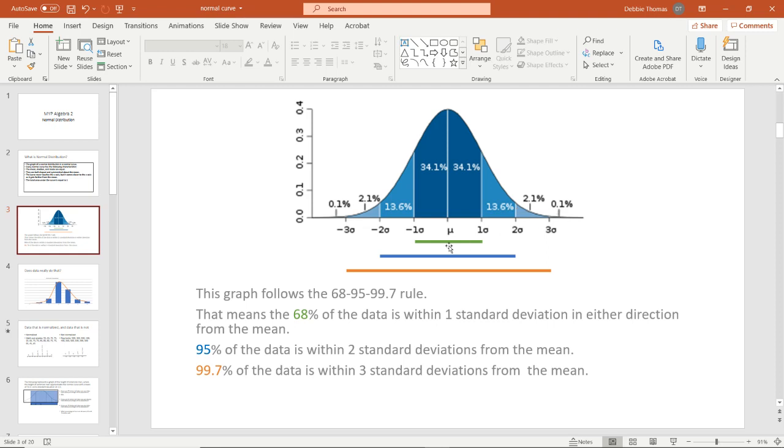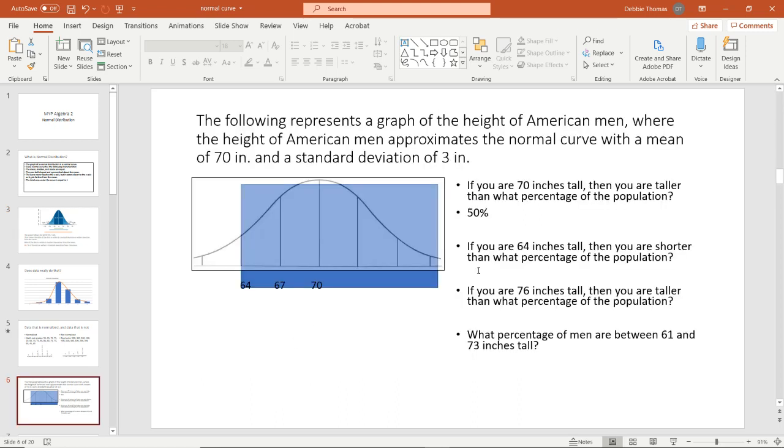Or, knowing it's 100%, I could do 100% minus 2.1 and minus 0.1, which is the same thing as 98.8. So if you are 5'4" you are shorter than 98.8% of the population.